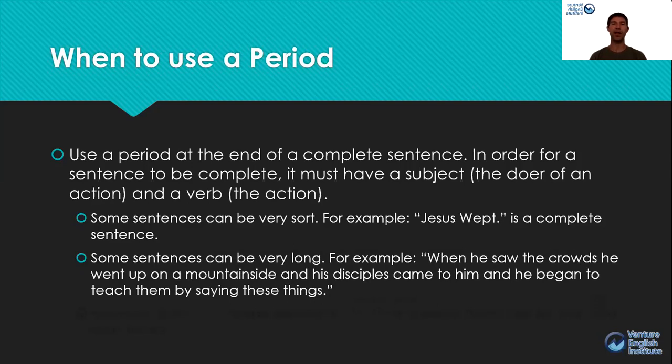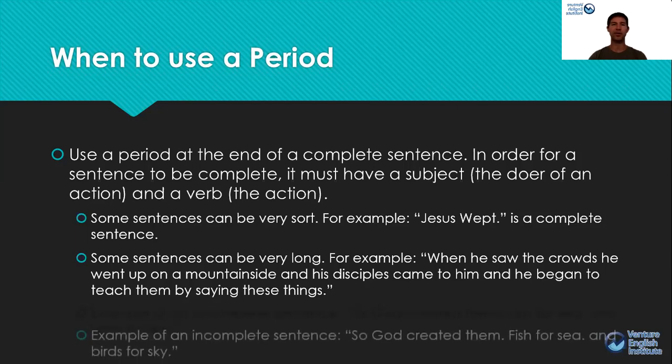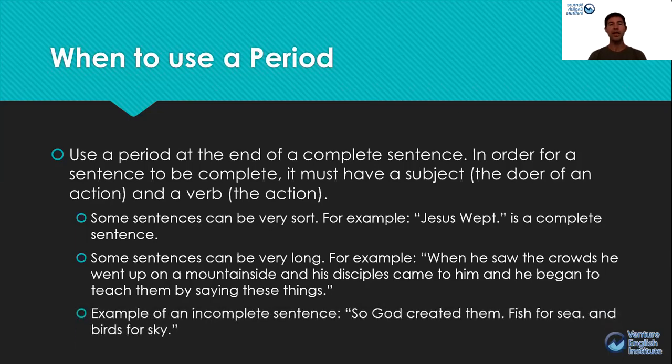Here is an example of an incomplete sentence, how not to use a period. So God created them. Fish for sea. And birds for sky. And you can see in this example that, specifically speaking, in the second and third sentence, there is actually no action.